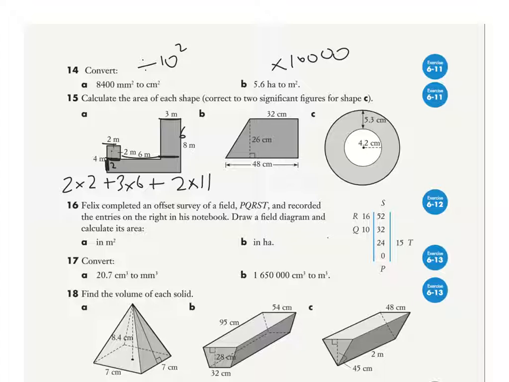Okay, the trapezium, we can break it up into rectangle and triangle, but trapezium, half, top plus bottom, times height, and you get 1,040 centimeters squared. Okay, the annulus, you need pi times the big radius.